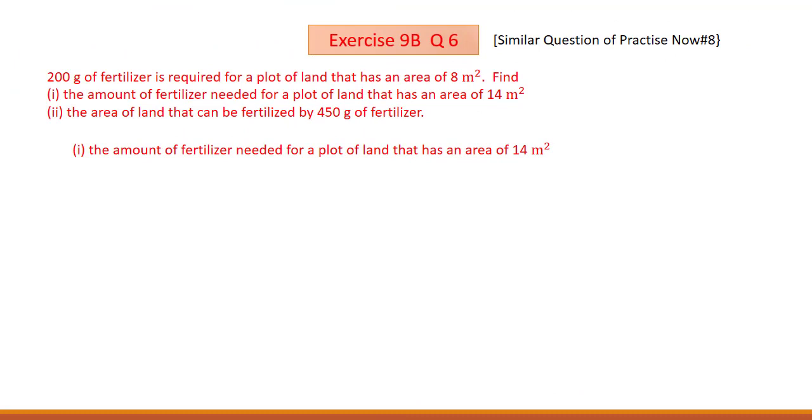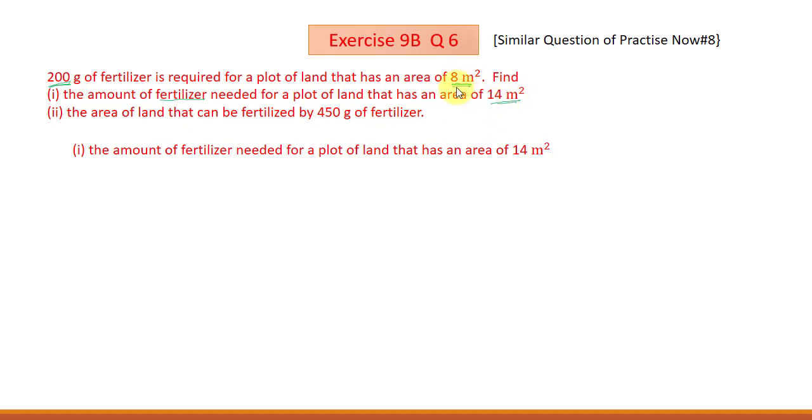Now we will do question number 6 of exercise 9b. That is, 200 gram of fertilizer is required for a plot of land that has an area of 8 meter square. In the first part we have to calculate the amount of fertilizer needed for a plot of land that has an area of 14 meters square.